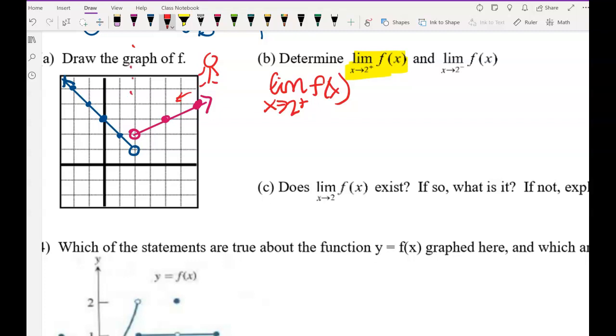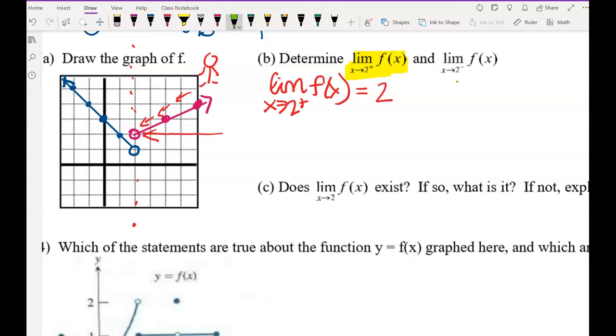I want to know, what is the y value approaching? Remember, the limit doesn't say that it has to equal. It could equal, but what is it approaching? When I'm getting closer and closer to 2 from the right side, the y value is going to be 2. So this equals 2.